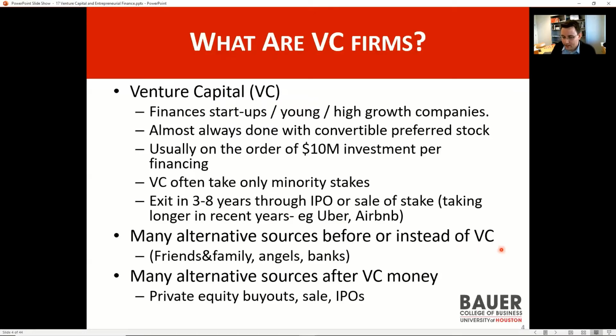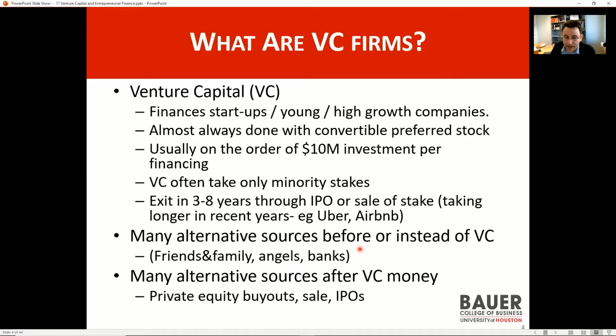Before VC financing, there's other sources of financing that founders could go to, friends and family being one. Angel investors are kind of like VCs, but even more passive. So angel investors will invest less per round. They'll take less of a stake, and they'll also take less control of the company than a VC would.